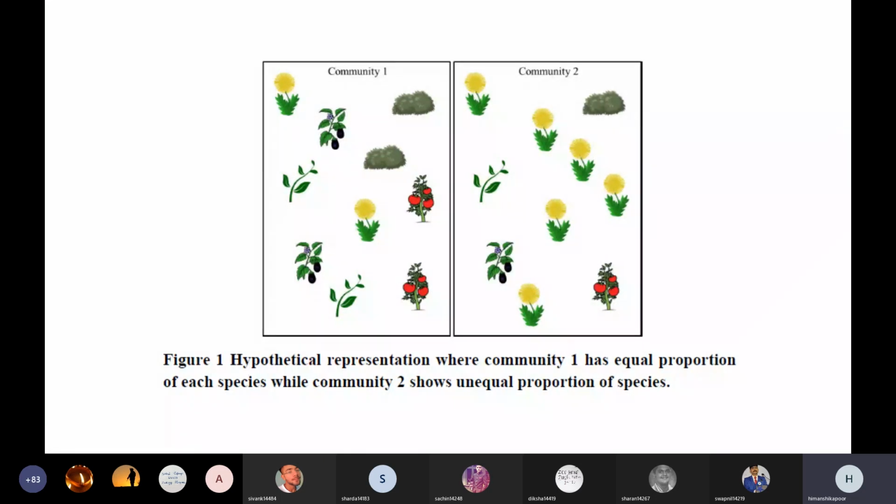When we talk about beta diversity, we are comparing the species diversity between two communities. And gamma diversity is the diversity of the entire landscape, the entire area. According to area, gamma diversity encompasses the maximum area, whereas alpha diversity is restricted to small areas only.